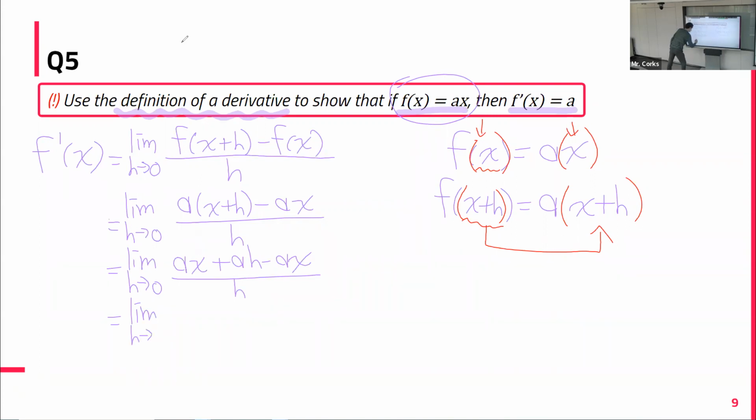The ax minus ax cancel out, leaving ah over h. And then the limit as h approaches 0 of a, since the two h's cancel out. And the final step.